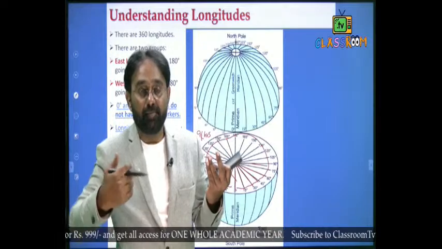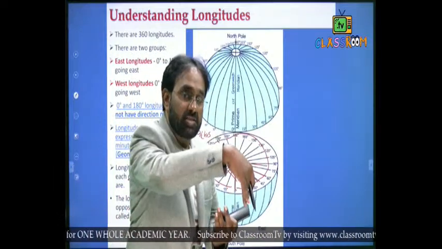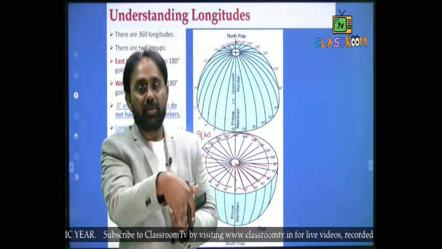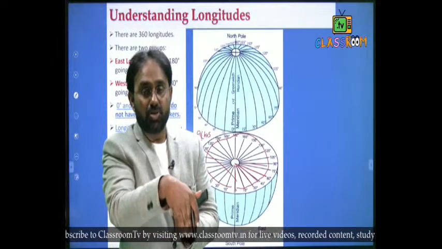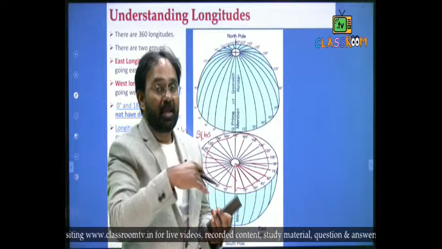But what about the date? The anti-meridian, exactly 180 degrees opposite, decides the date of every part of this world. Every country has to decide their date according to this international date line only.